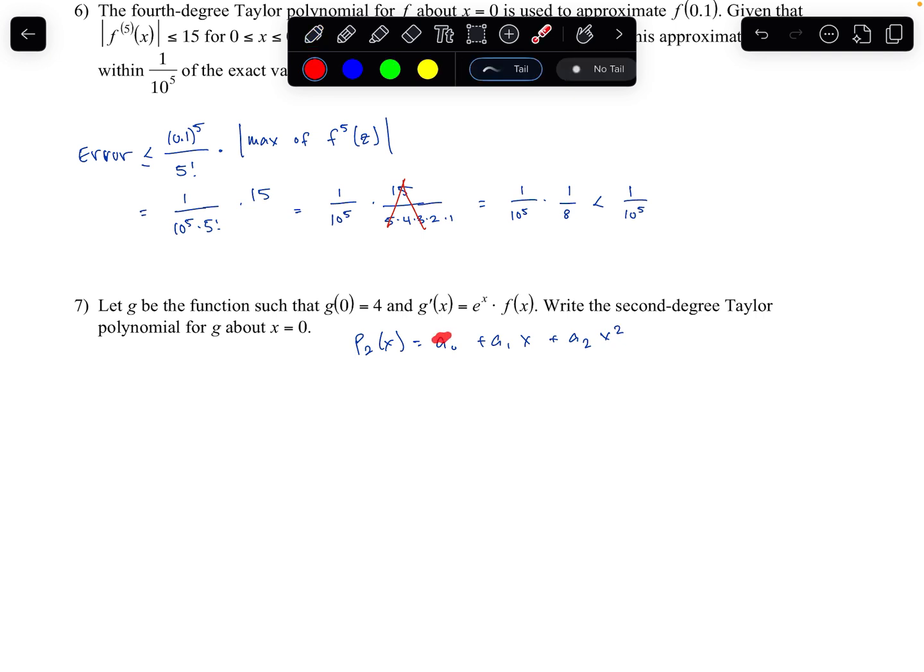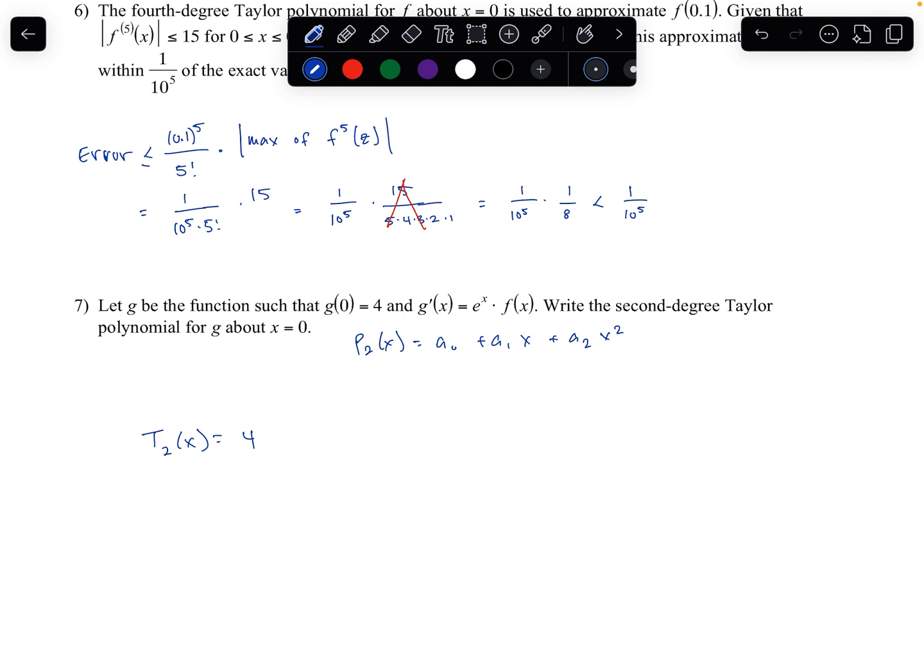All right, so a sub 0 is going to be equal to the 0th derivative divided by 0 factorial. So I'm going to say t sub 2 of x, since I used p sub 2 of x, should be equal to 4.